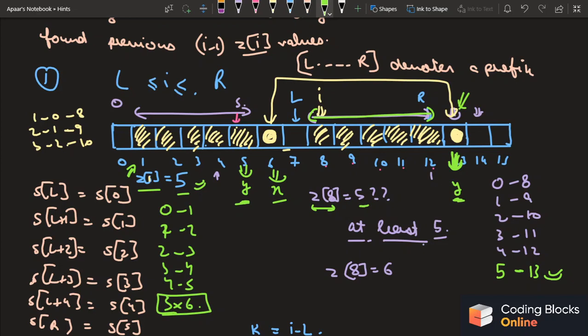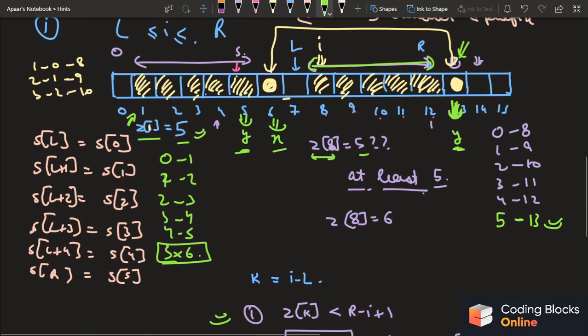So this is a really good example. See, 5 doesn't match to 6, but 5 matches to 13. So z8 can be equal to 6, it can also be 7, it can also be 8. It depends upon the further characters of the string, right?